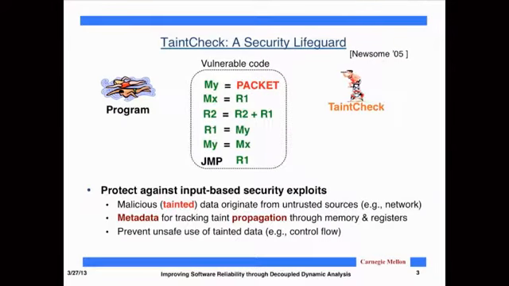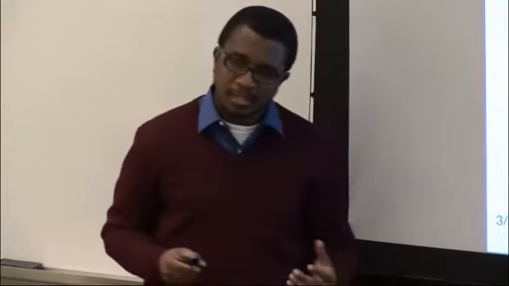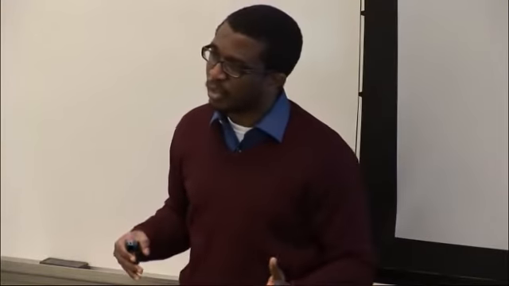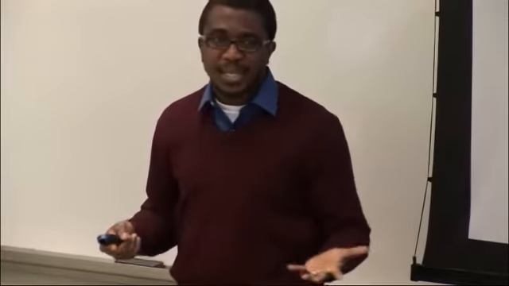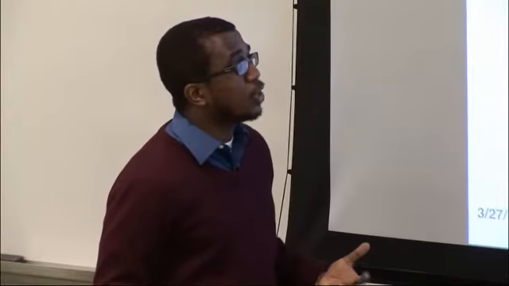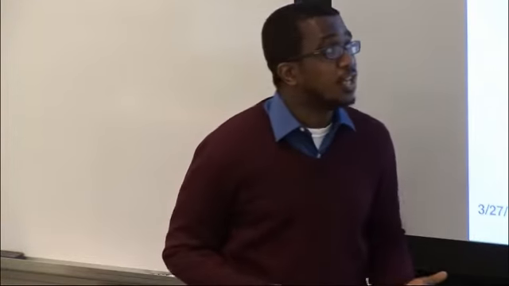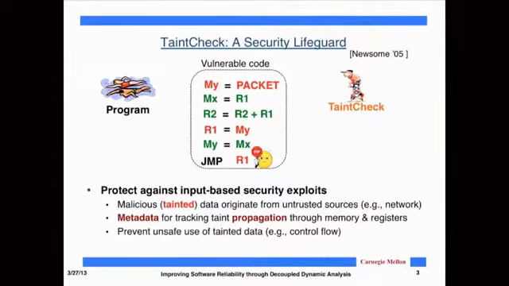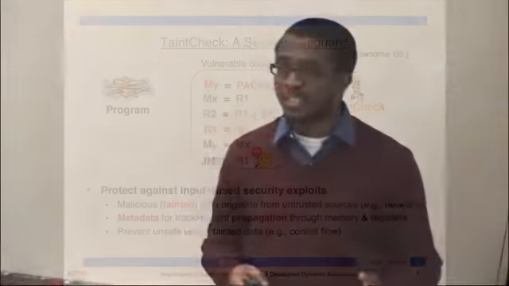The way TaintCheck detects this sort of attack is by tagging input that comes from an untrusted source like the network as being tainted or untrusted, and then tracking how tainted data propagates through the program as it executes. When we get to a point where we're about to make a control flow operation based on a value that we got from the network, TaintCheck steps in and stops the execution, and consequently stops the attack.